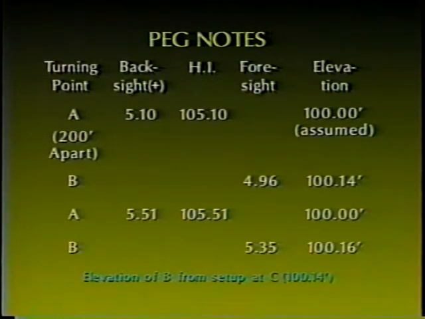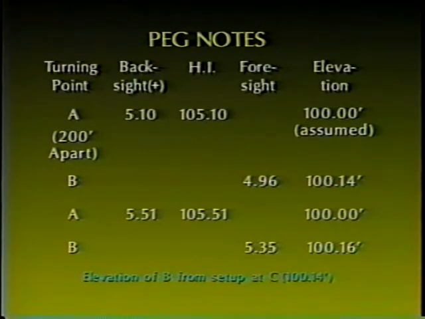Reading a foresight of 4.96 feet and subtracting that from the HI gives an elevation of 100.14 feet for point B. After moving the level, the new backsight reading is 5.51 feet with an HI of 105.51 feet.